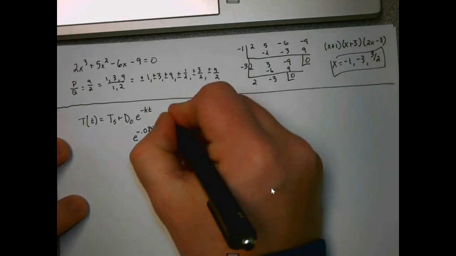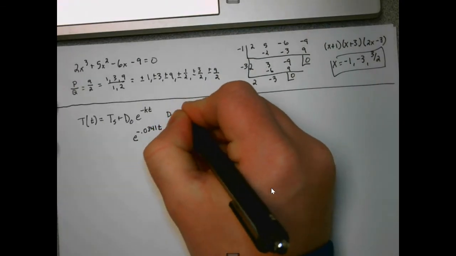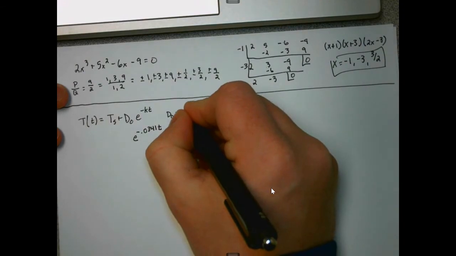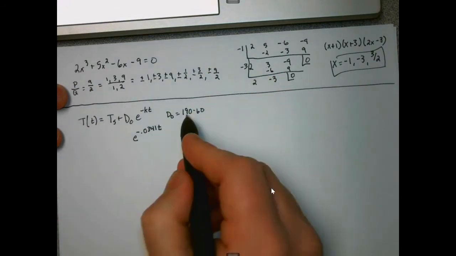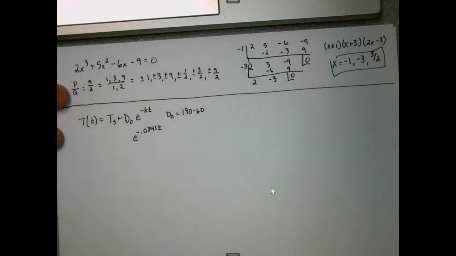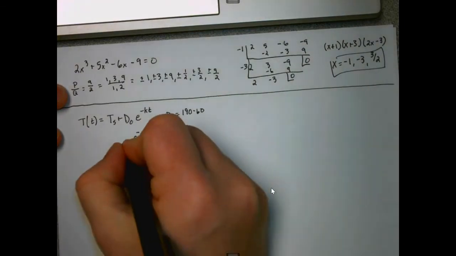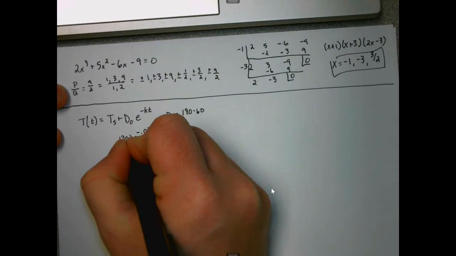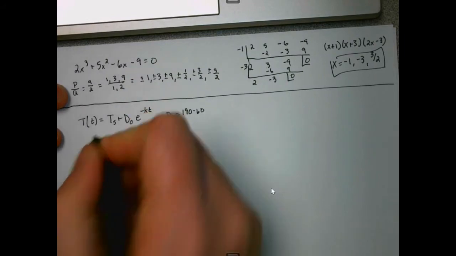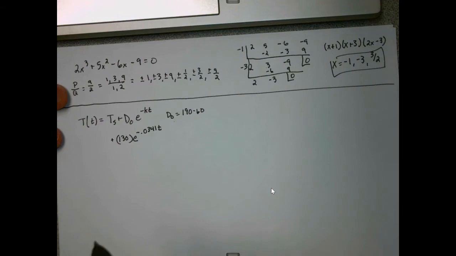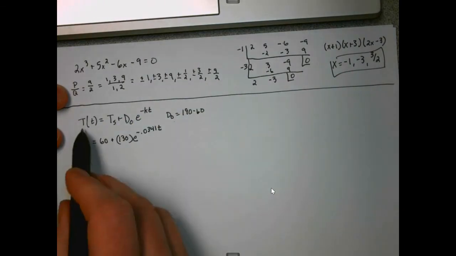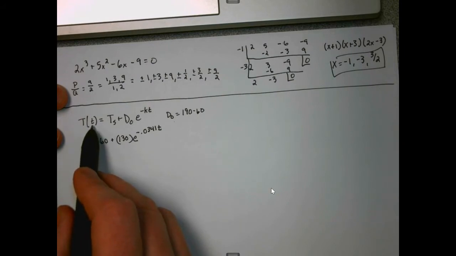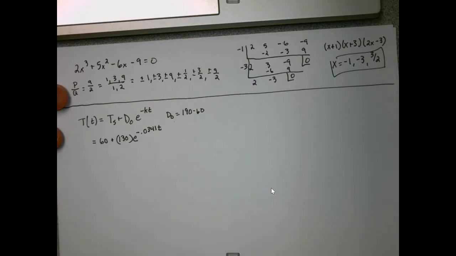So D naught would be your initial temperature, which is 190, minus the surrounding temperature, which is 60. So D naught would be 130 then. So 130 times that, plus T sub S, the surrounding temperature, so that would be 60, equals your ending temperature, or your temperature after the given time, and we want the engine to cool to 90.